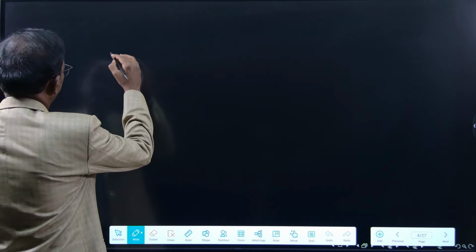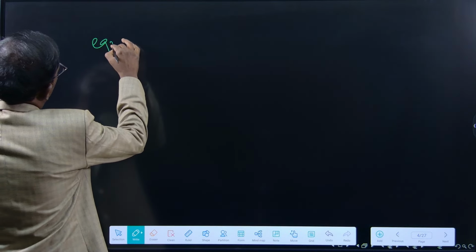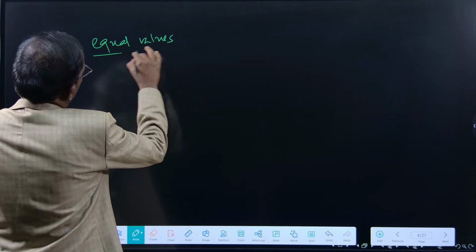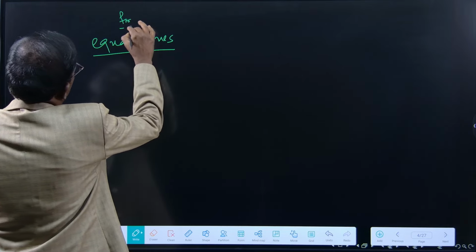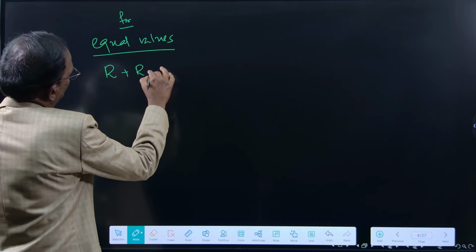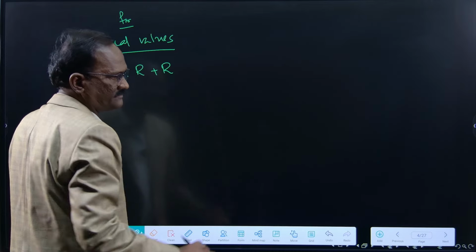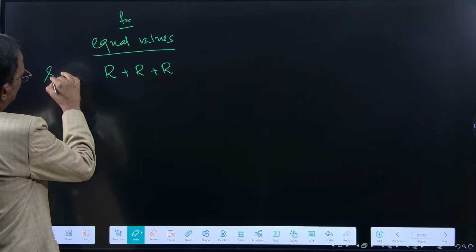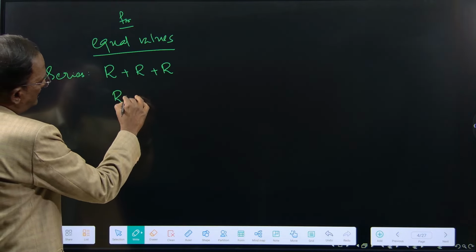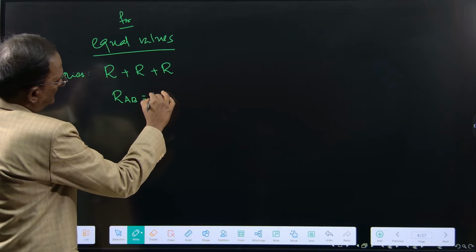Okay, for resistors of equal values, say R plus R plus R in series connection, the equivalent value will be 3R.